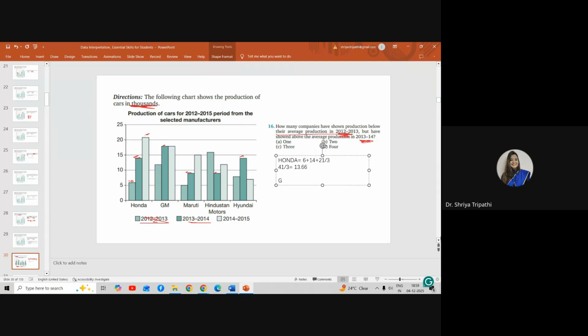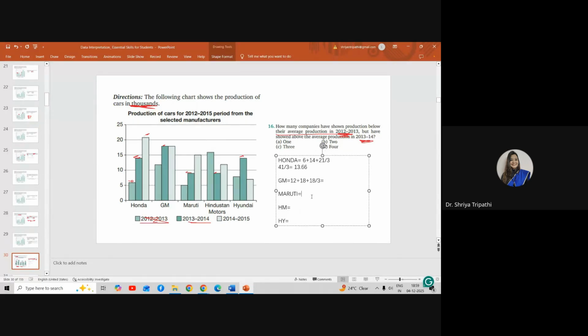Similarly, find for General Motors, Maruti, Hindustan Motors, and Hyundai. Quickly. Same way, we are trying to find the average production. In a similar manner, try to find for the others. For the second one, we'll add 12 plus 18 plus 18, divide by 3.